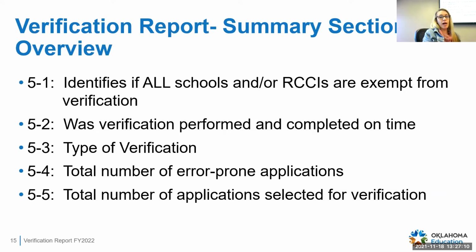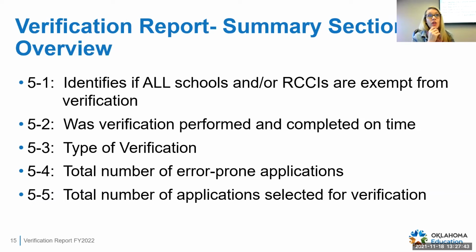In section 5, 5-1 identifies all schools and RCCIs that are exempt. And we talked about who is exempt at the beginning of this. That's a slide that I moved. That slide was here, of who was exempt, and I just moved it to the top. So again, 5-1 identifies all schools exempt from verification. So if that's you, then you can click that there. 5-2 is verification performed and completed on time.